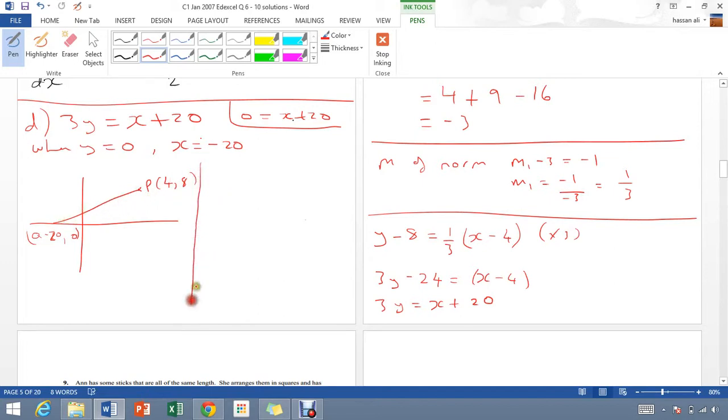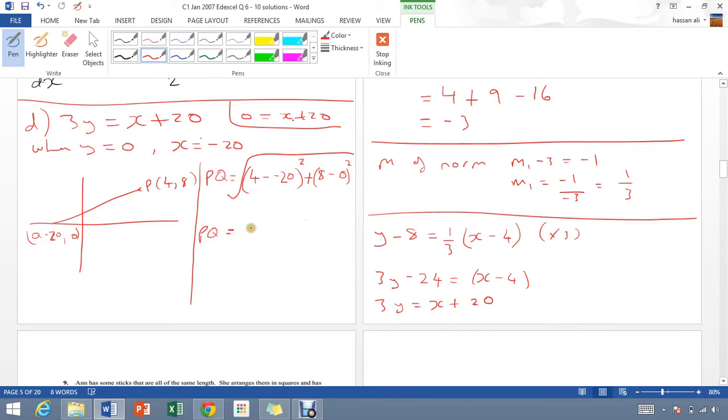The way we do it is that we just take away our coordinates. So the length PQ will equal 4, which is the x coordinate, minus minus 20, squared, added to 8 minus 0, because that's your y coordinate there, squared, and then we square root all of that. Remember they want it in surd form, and you're not allowed to use calculators in your C1 exam.